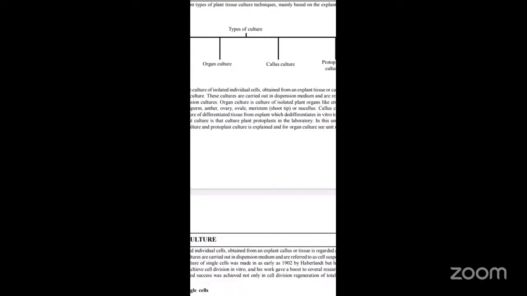The cell culture technique here is suspension culture. The isolated cells are grown in suspension culture. The cell suspensions are maintained by repeated subculturing.